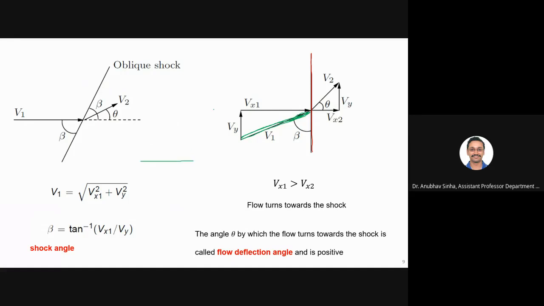So whenever your flow is like this and here is the shock, you will say that after the shock, it will turn towards the shock. It will be near to the shock, that's all. So this is how flow across an oblique shock generally behaves.